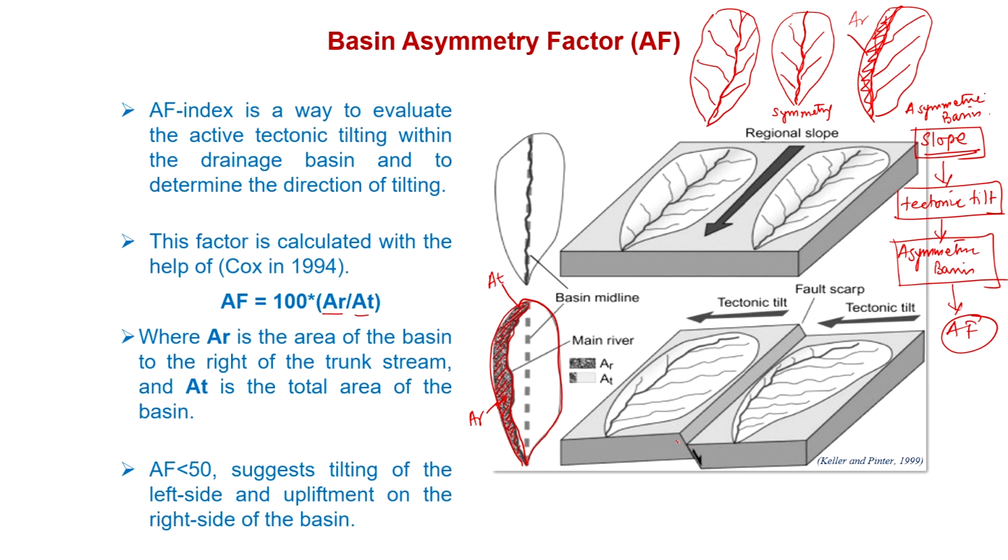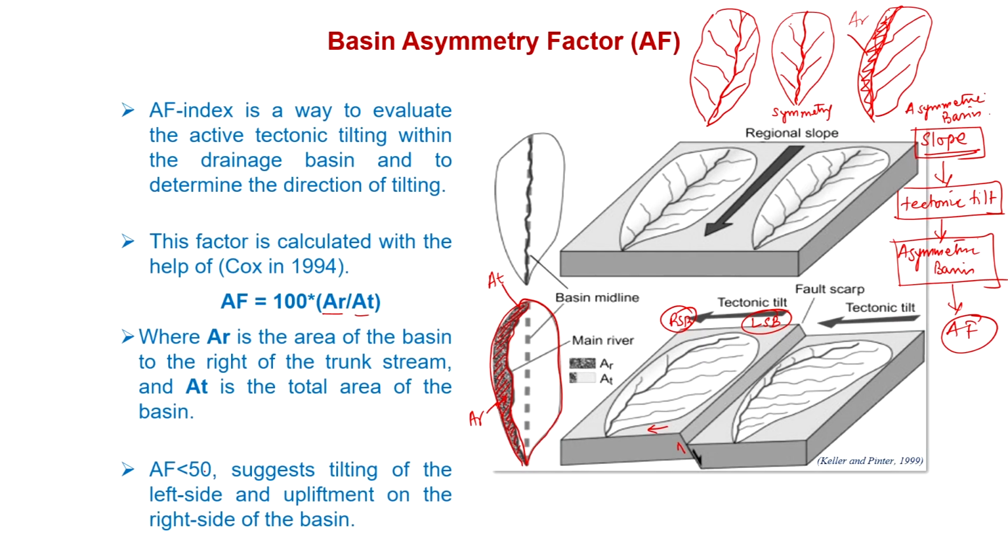So, this portion has gone up and this has tilted over like this. This is the left hand side of the basin and this is the right hand side of the basin. So, you can talk about the tectonic tilt here.